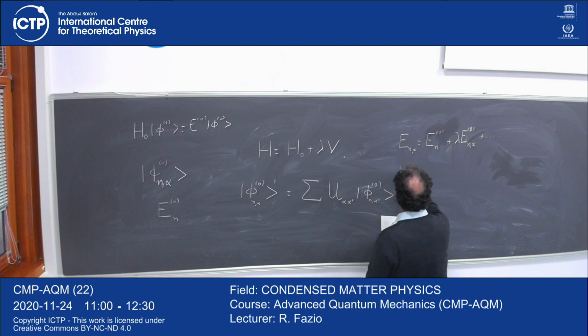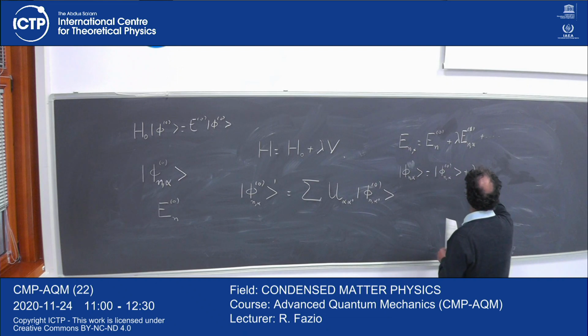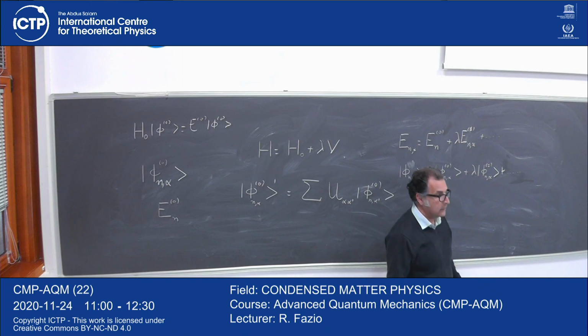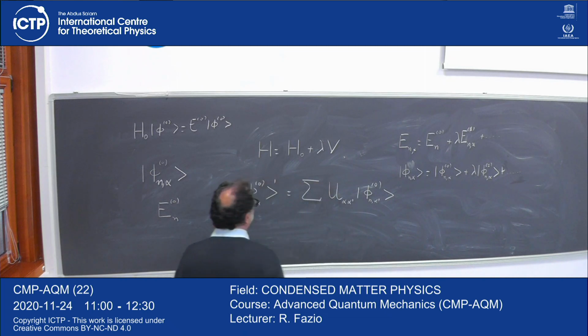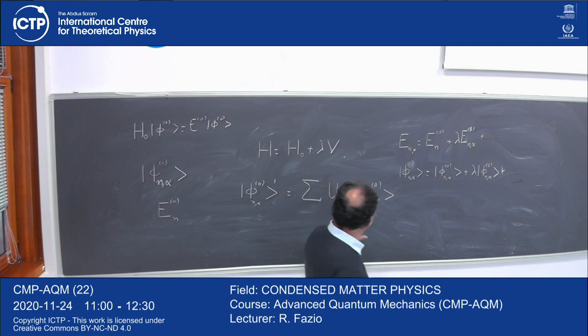And in the same way, I take phi of n alpha equal to phi 0 of n alpha plus lambda phi 1 of n alpha plus corrections. Okay? Now, I will do the same as before, just keeping in mind what I said before.